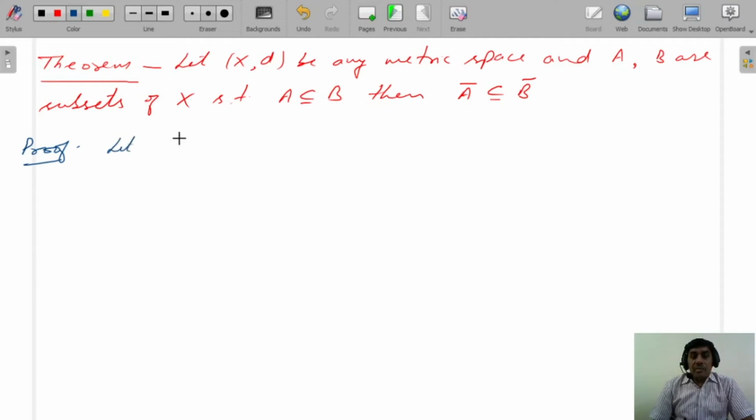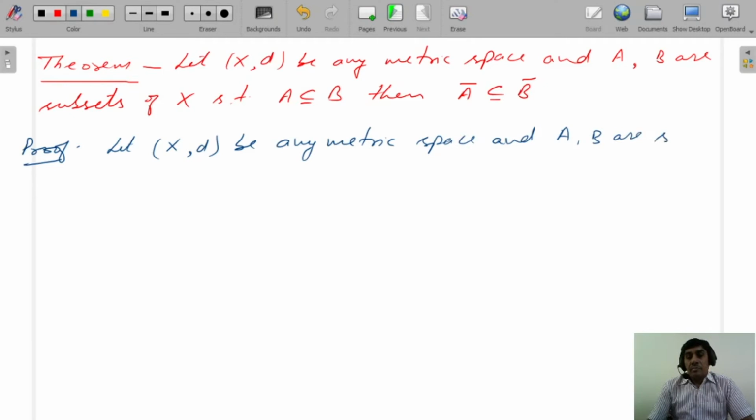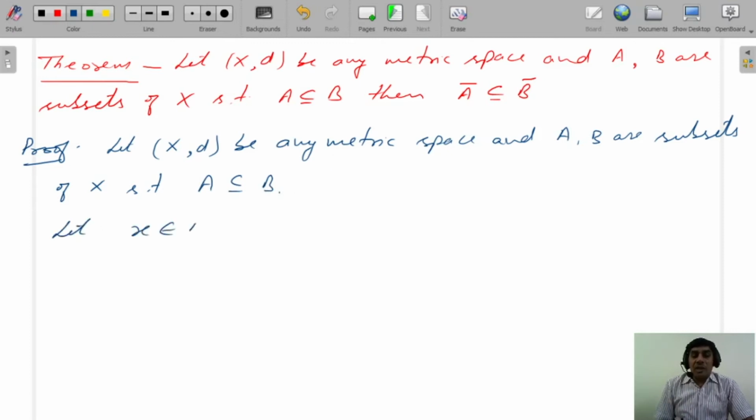Let (X, d) be any metric space and A, B are subsets of capital X such that A is contained in B. Let x belong to A closure.